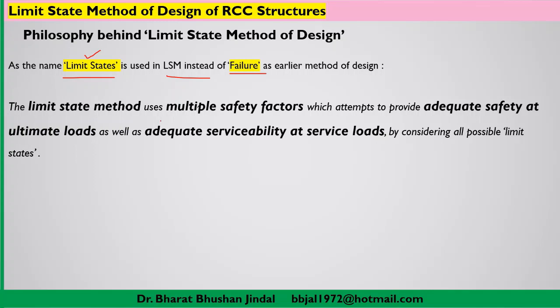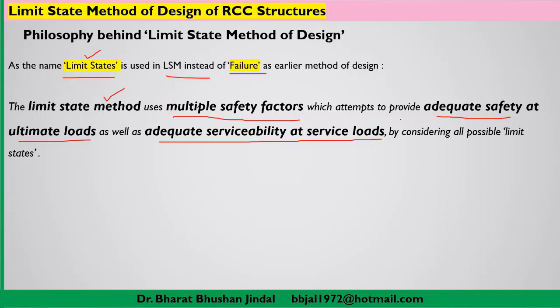Now we can understand it more effectively. The limit state method uses multiple safety factors which attempt to provide adequate safety at ultimate loads as well as adequate serviceability at service loads.